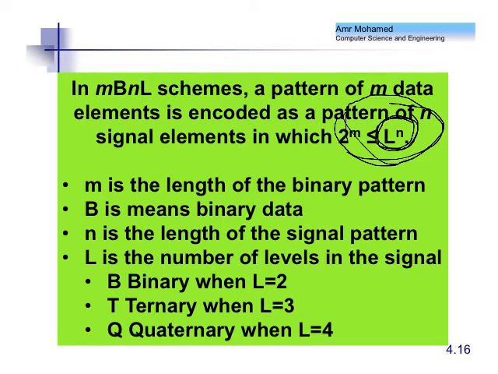So at the minimum, I need the number of data combinations to be less than or equal to the number of signal element combinations that I have. This is the minimum. If I have more signal combinations, then it's better, it's good. We will see how we can use these extra signal combinations for our benefit.